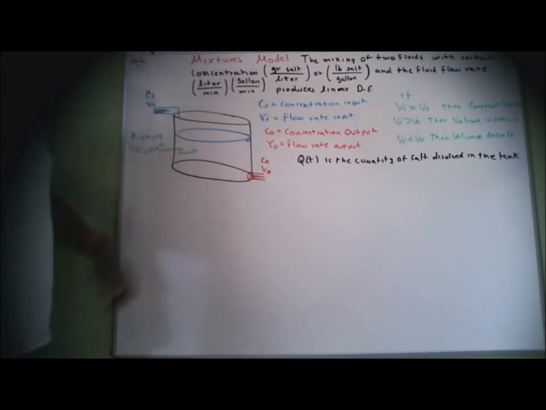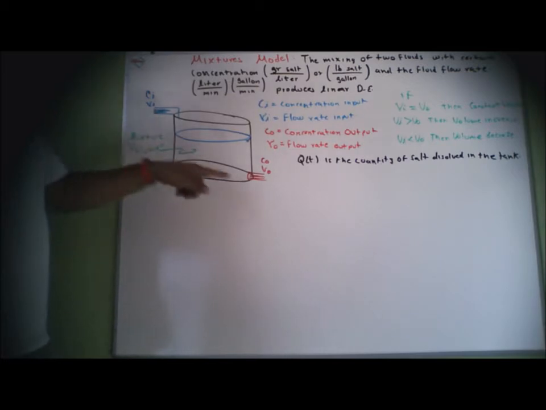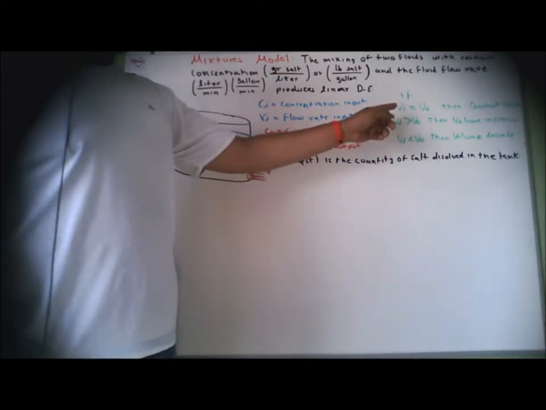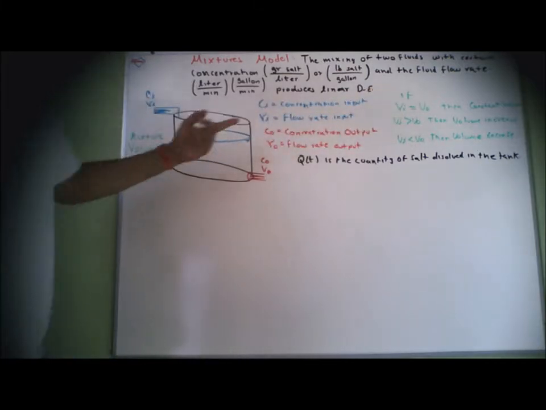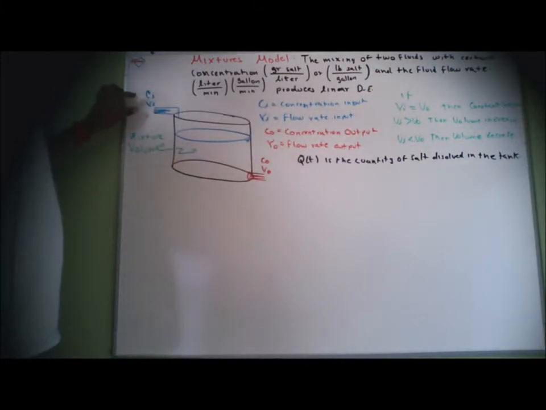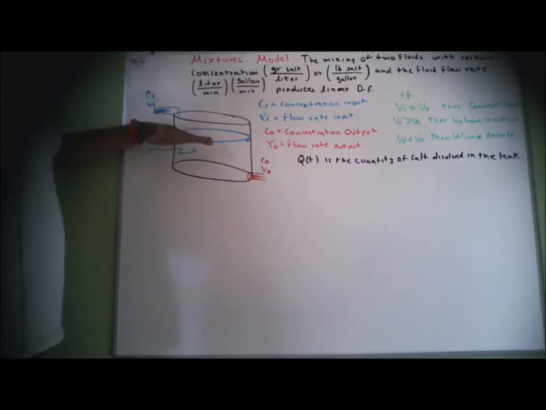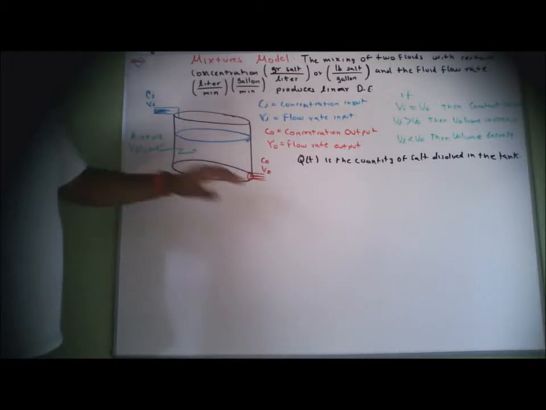Now let me give you one important concept. What happens if the flow rate input is equal to the flow rate output? The input and the output flow rates are the same. Well, the quantity of liquid coming in and going out is the same, so the volume is going to remain constant. But that is not always the case. What happens if the flow rate input is bigger than the flow rate output?